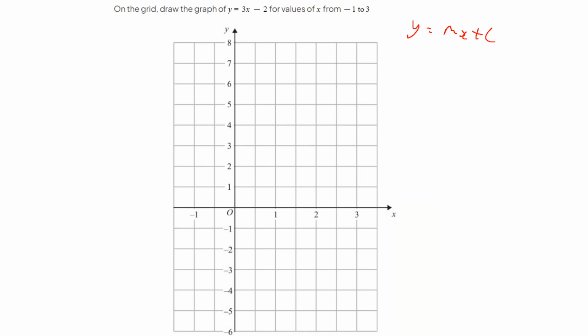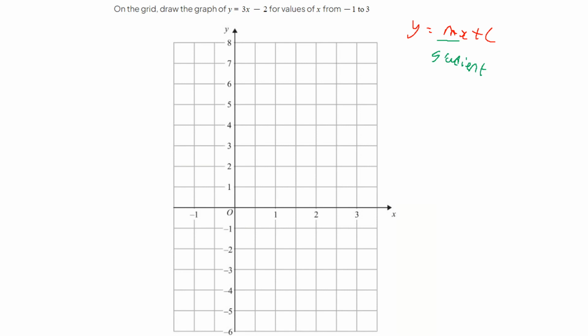This is basically how much y increases as x increases. So m is what we call the gradient. The gradient is 3, it goes up by 3 as x increases.